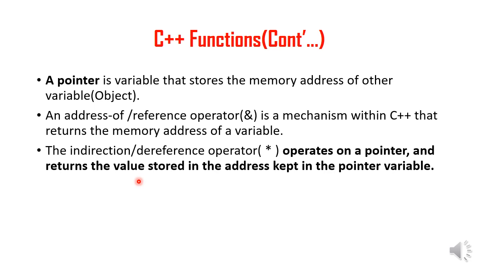Remember that each pointer points to an object. So this operator will be used to access the content of an object, or the value which is stored by the object, or simply a variable whose address is stored by a pointer.